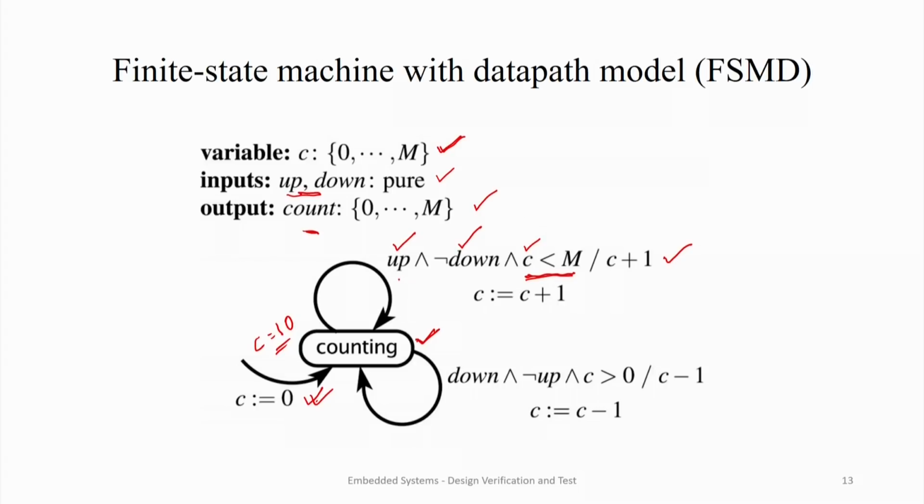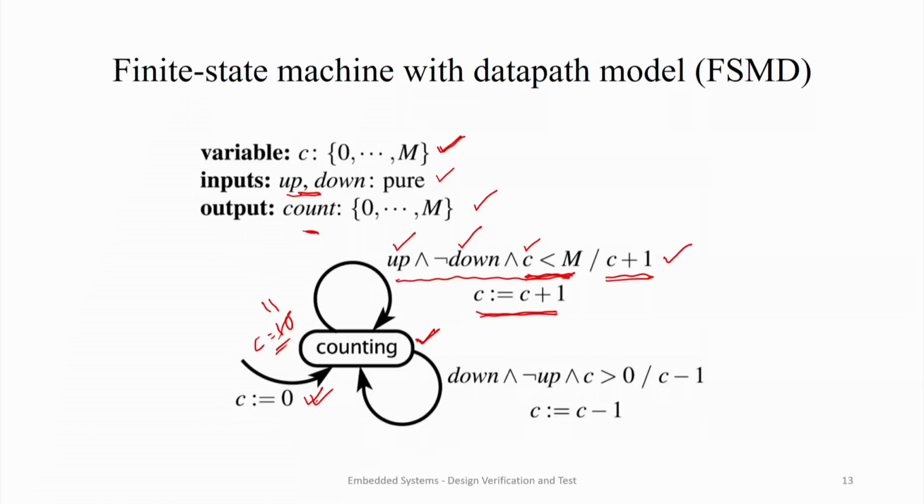So, if this total condition, up and not down and C less than M, is true, then you output C plus 1. That means the number of cars will be C plus 1, because up is 1, one new car has come, and you also update the variable C equals C plus 1. Similarly, if you are at C equals 10, now C plus 1 is going to be 11, and the updated value of count will be 11.